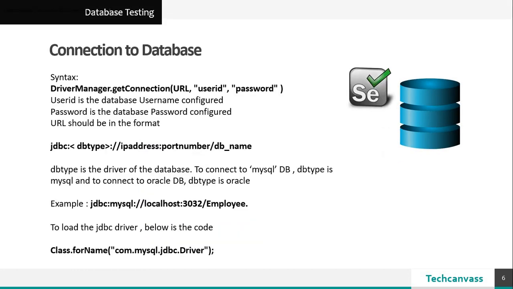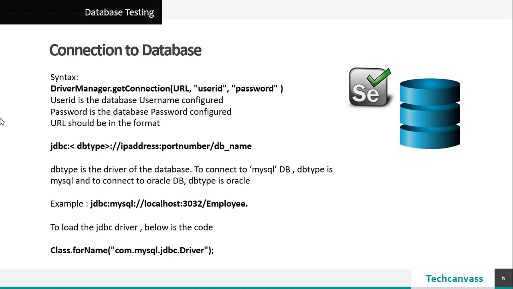Connection to database. How do we achieve this? This can be achieved using the syntax DriverManager.getConnection, which takes three arguments: URL, the user ID and the password. Here the user ID and the password are the username and the password of the database configured.